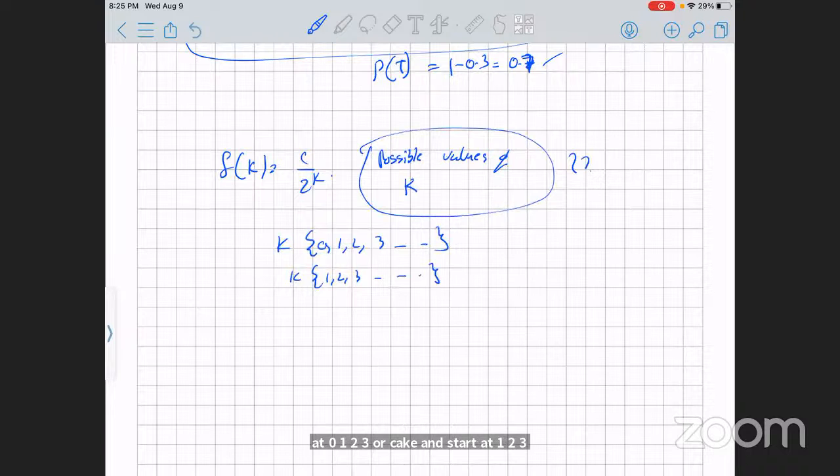What will you take? K belongs to 1, 2, 3, sir. Read the question.